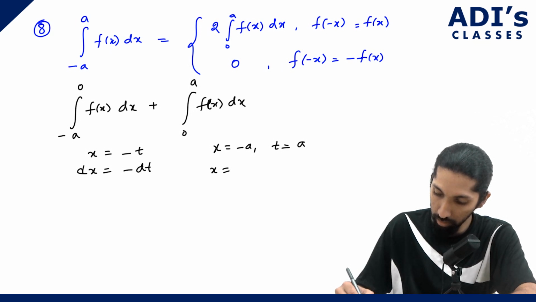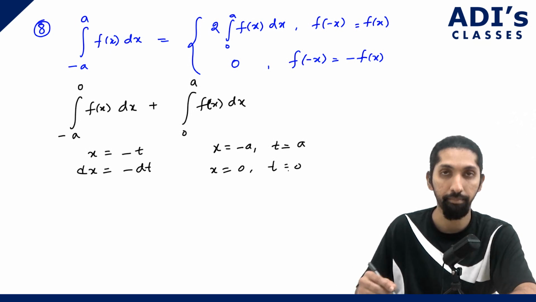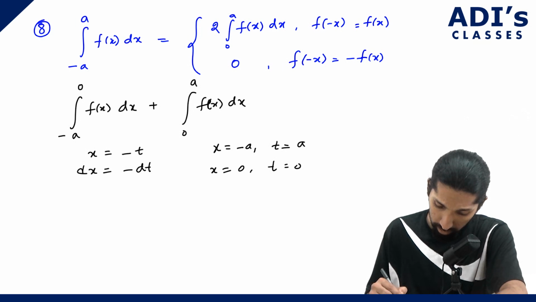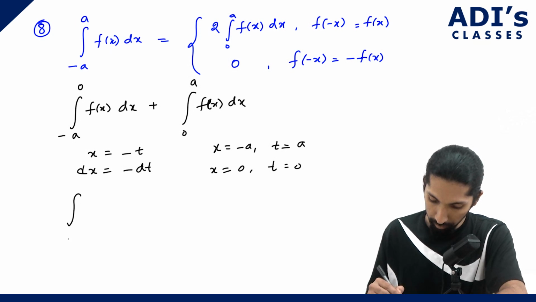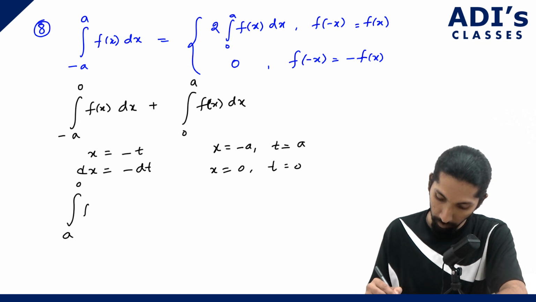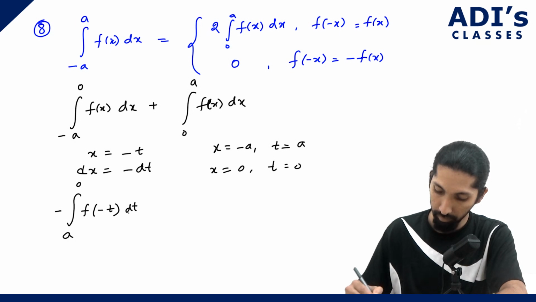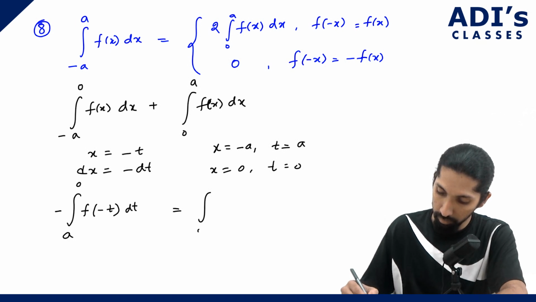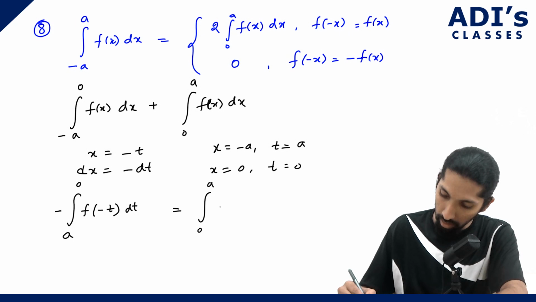When x is 0, t is 0. So now it's going to change. Integral from a to 0, then f of minus t times minus dt, or integral from 0 to a, f of minus t dt.